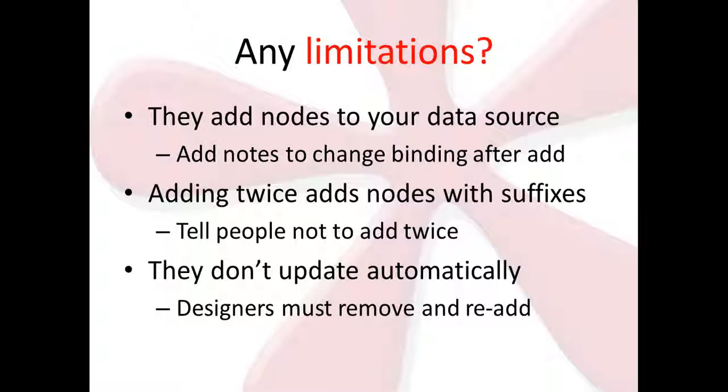When you add an XTP, if you have two nodes that have the same name, it's going to add a suffix. That's valid in two scenarios. The first is that you already have a node in your form, and there's a node by that same name in the XTP, or you add the XTP twice. So the general principle is just not to add the XTP twice.